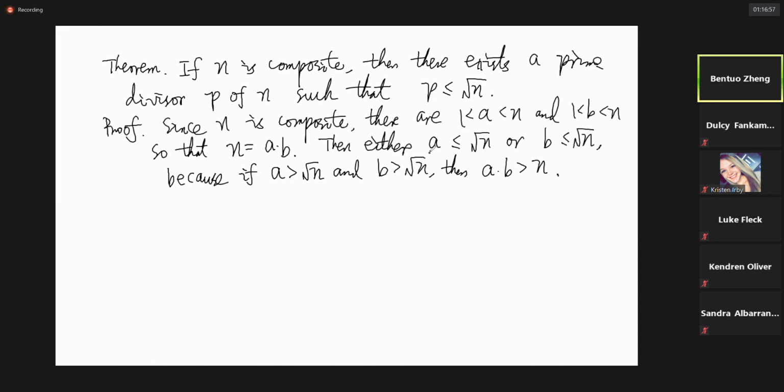All right, so one of a or b would be less than or equal to square root of n.